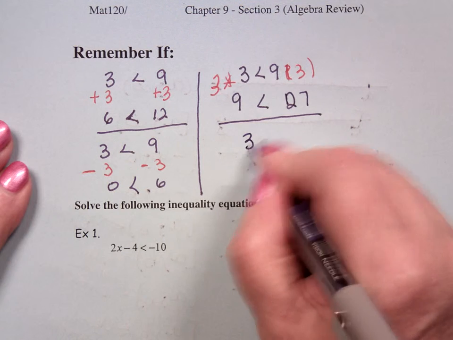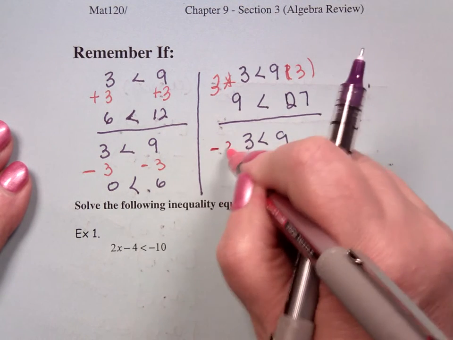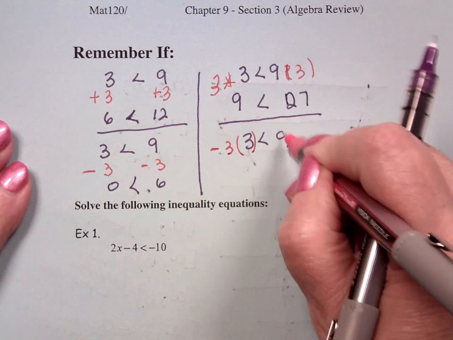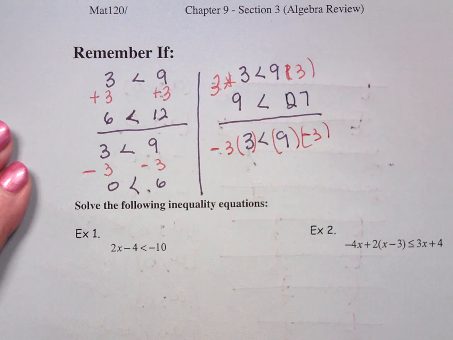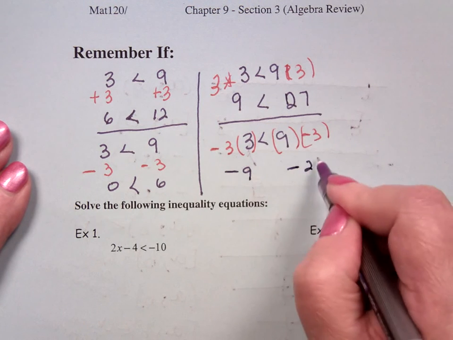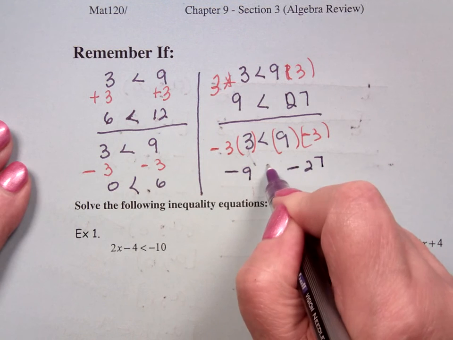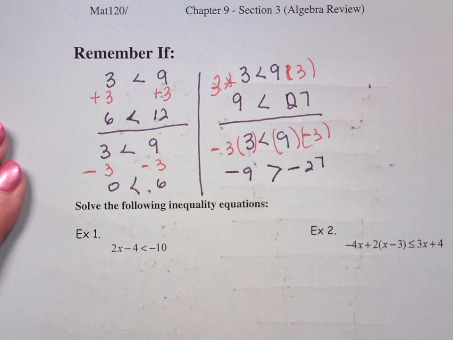However, if I know that 3 is smaller than 9, suppose I multiplied both sides by negative 3. I get a negative 9, I get a negative 27, but notice the direction of the inequality changed because I multiplied by a negative number.